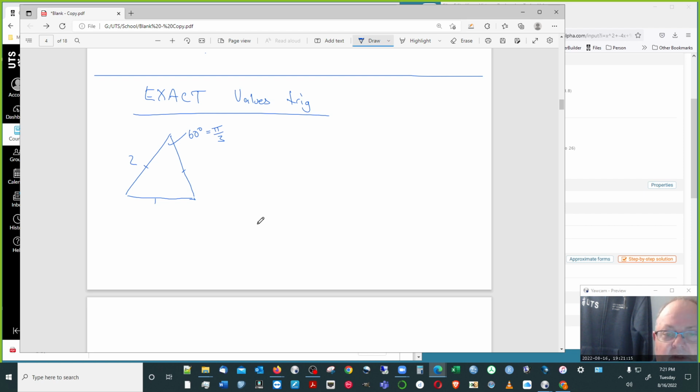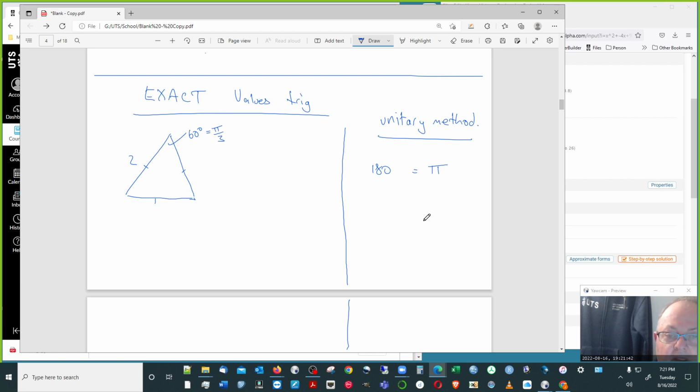Now, why would I do that? Well, something that I don't want you to do by rote, but I'm going to put it up anyway, is the unitary method. And you will hear about this. It crops up in year 8, I think. Now, the idea here is that there's 180 degrees in pi radians.